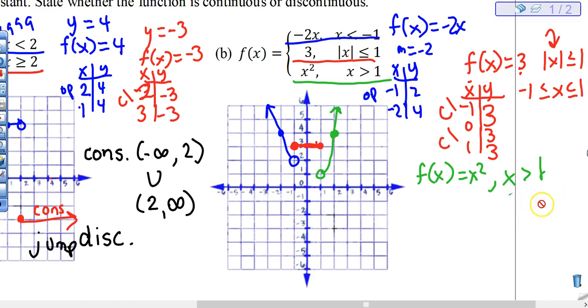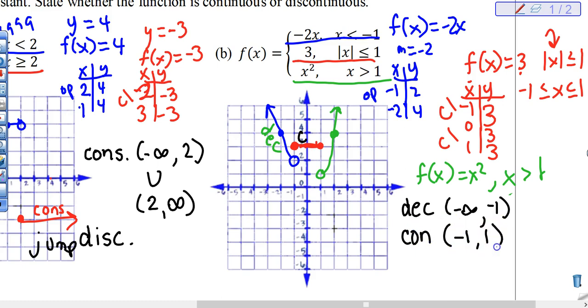All right, so now let's talk about our intervals of decrease. Where's my graph decreasing? Right here, right? So if I'll do it in black here. So decreasing on what interval? We read it left to right. From -infinity to -1, it's decreasing. And then it becomes constant. And it's constant between which points? -1 and 1.